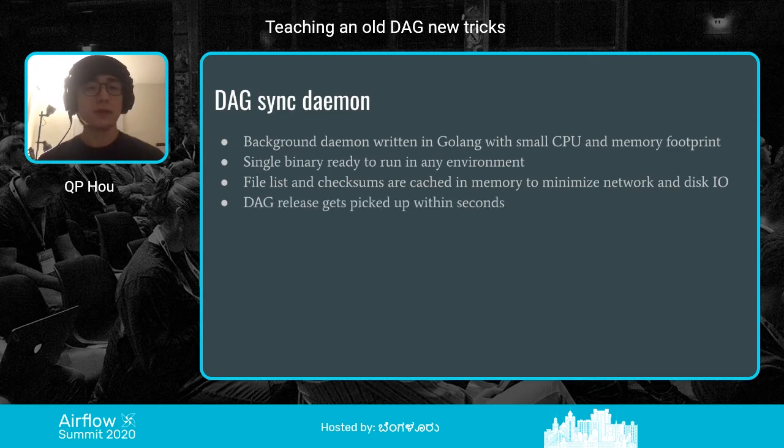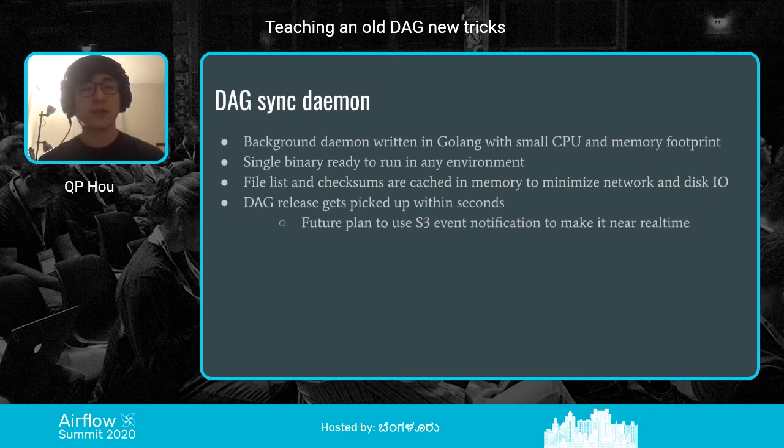Because of this, we can run the sync process in a really tight loop. From our experience, the time from a DAG being released from a CI/CD pipeline to it getting picked up by the different Airflow components usually takes only seconds. So it's a really quick release process.